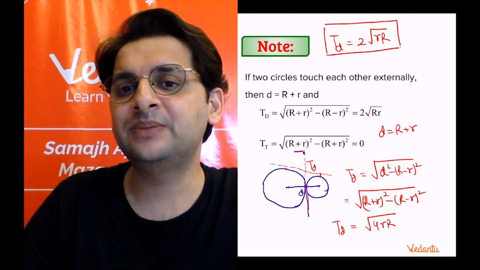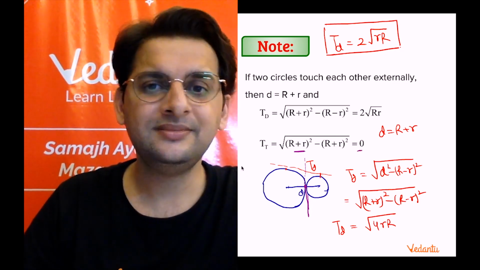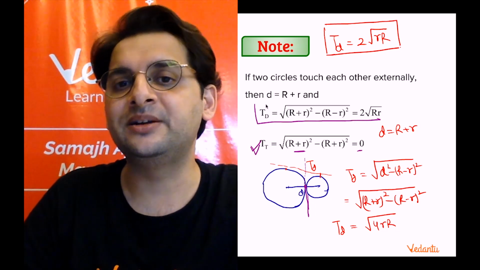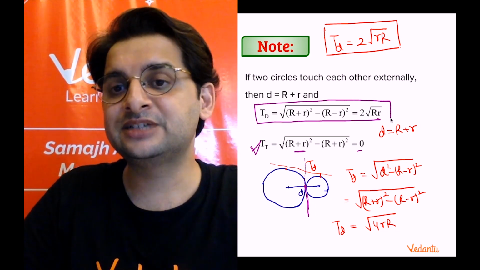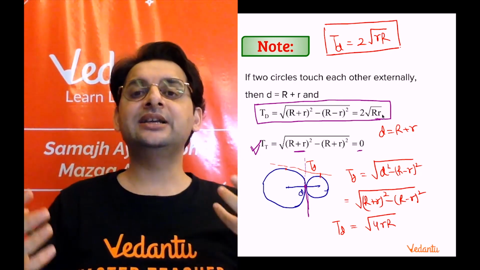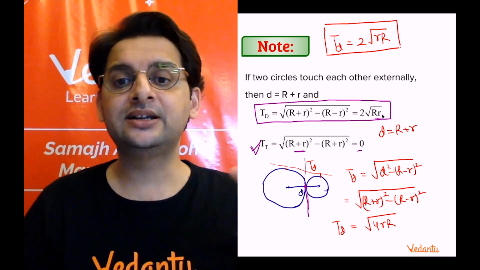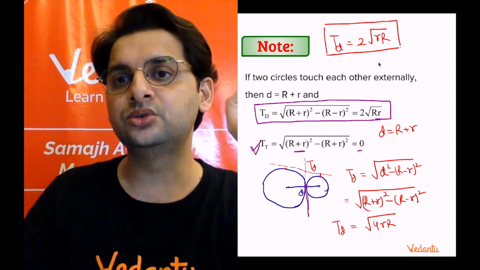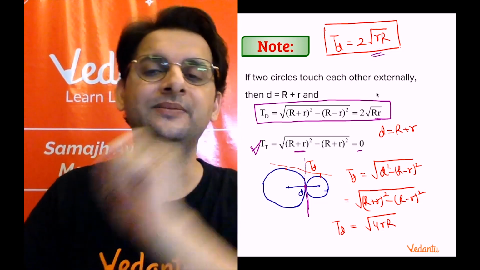So if we put D as R plus r, the length will be 0. No problem for this, but this is very important, guys, and we will remember this. So this is a special case of direct common tangent: when the two circles are touching each other externally, the length of the common tangent is 2 root of small r into capital R.